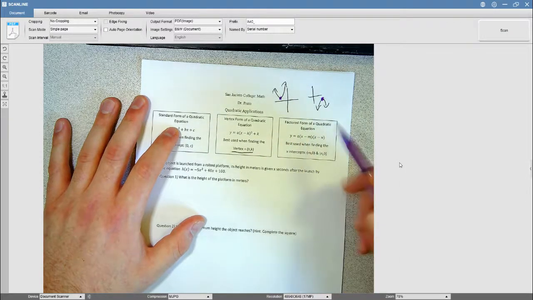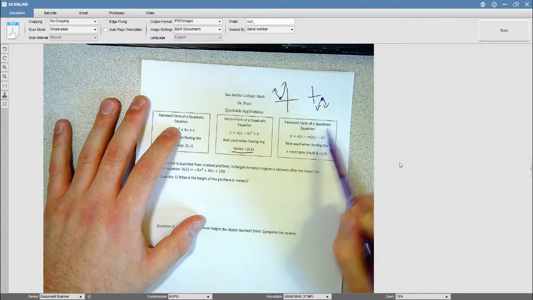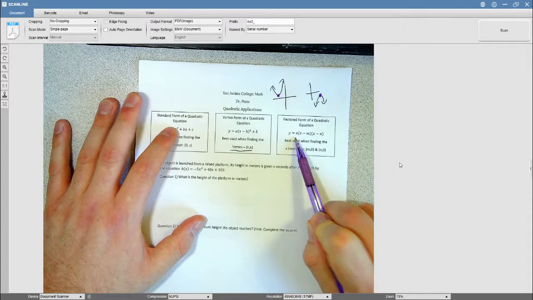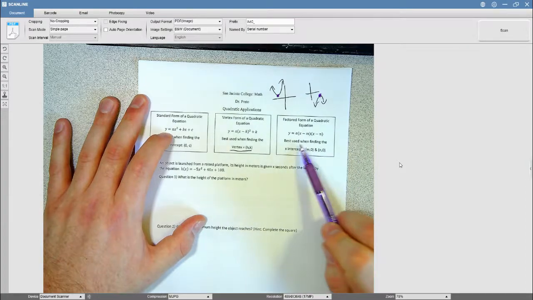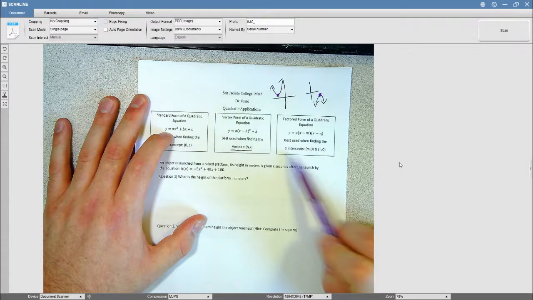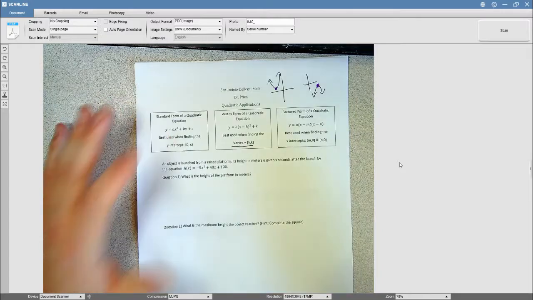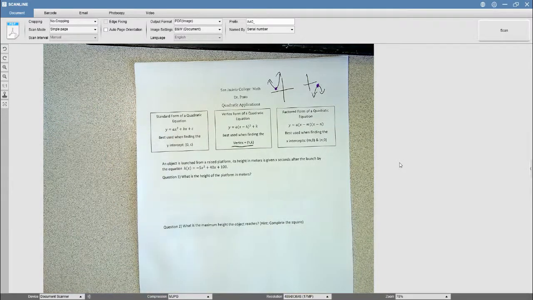The last form is the factored form of the quadratic equation, y equals a times (x minus m) times (x minus n). It's best used when we want to find the x-intercepts. And in these application problems, sometimes it doesn't make sense for us to go below the x-axis.